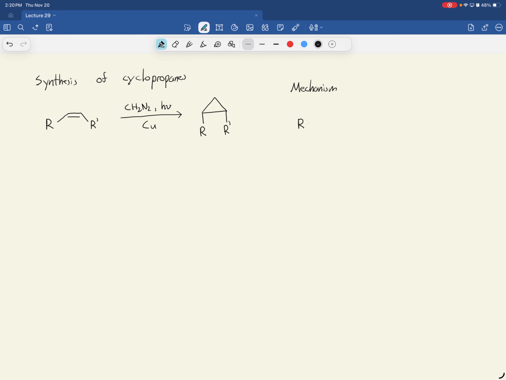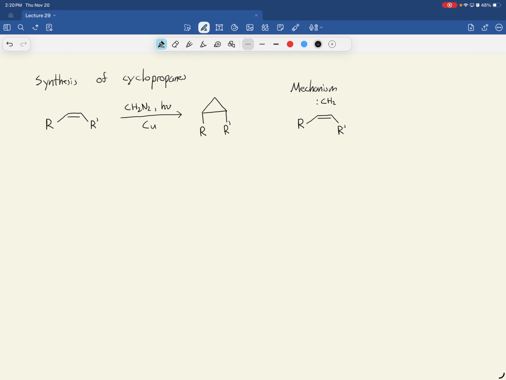All right, so the R group. What happens here is, remember when I drew that carbene structure? It had an empty p orbital.